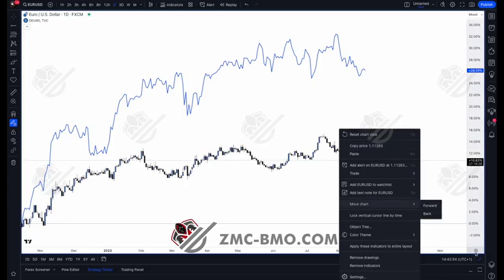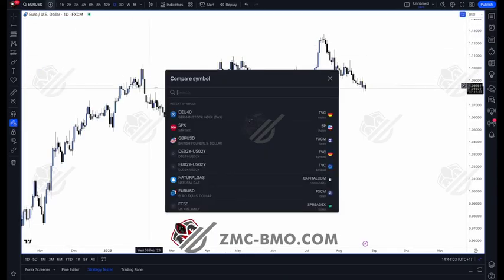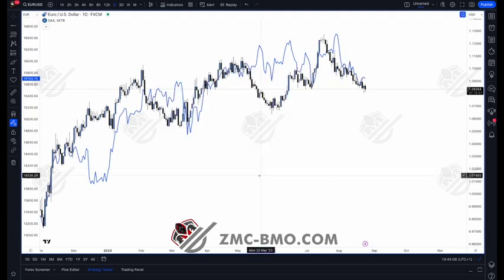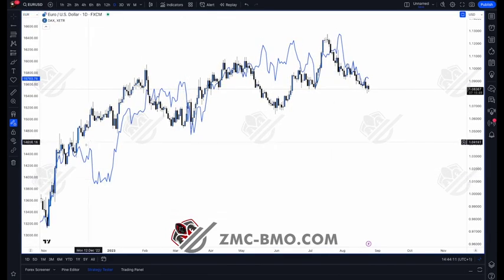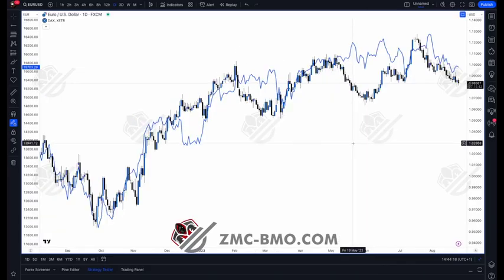I think I've just messed up. Actually, if I delete this, DAX, new price scale. There we go. I didn't click new price scale, that's my bad. This is not inverted. Let me just double check. Cool, it's not.